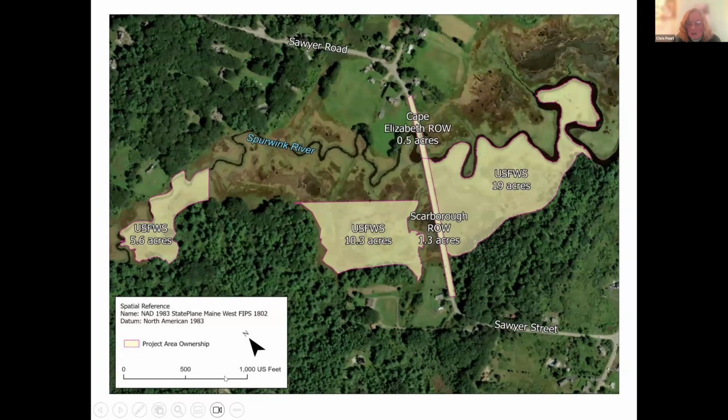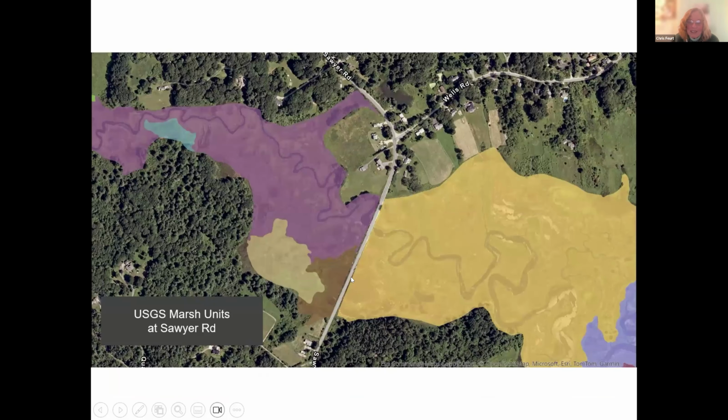I have to tell a true story, though. Originally, at the time we did this training, Fish and Wildlife, the Reserve, and the towns of Cape Elizabeth and Scarborough were talking very earnestly about, can you see me? I don't know if you can see my arrow, but removing this road. And the hopes were at that time that this road might be removed and the restoration would be related to that road removal.